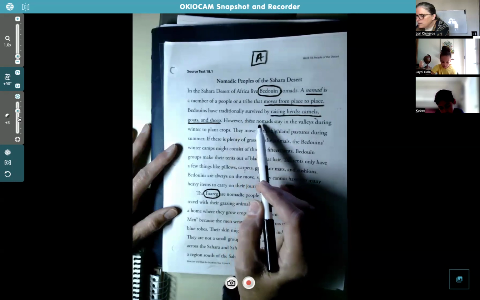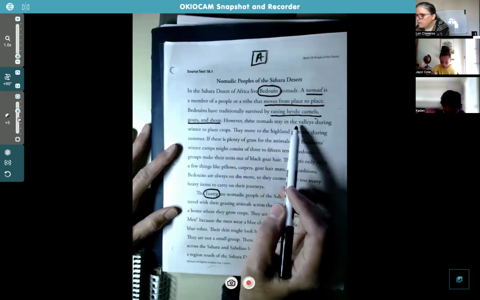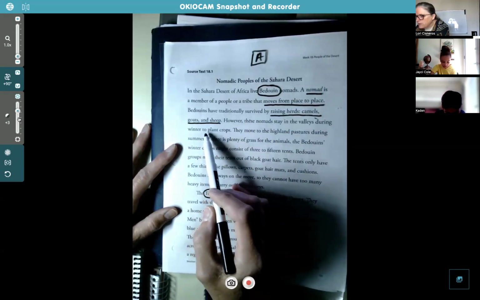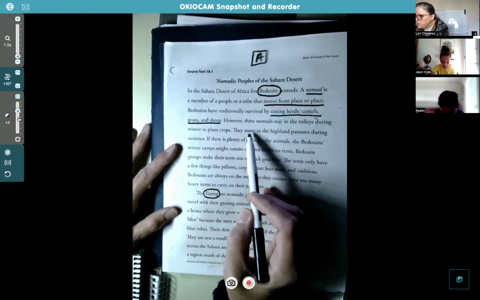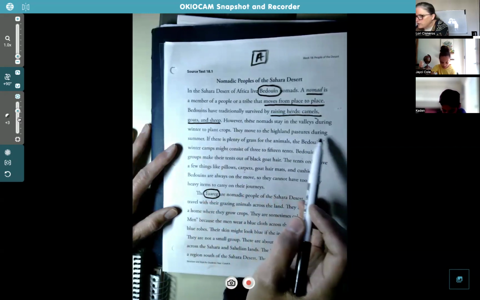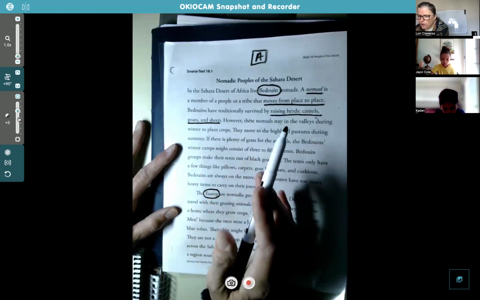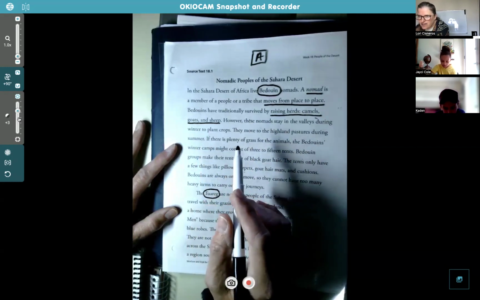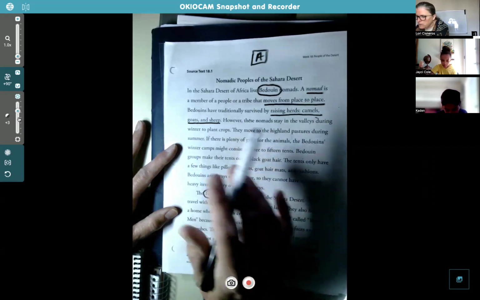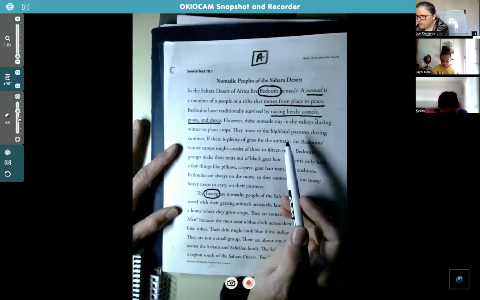However, these nomads stay in the valleys during winter to plant crops. They move to the highland pastures during summer. It's kind of interesting, but I'm going to wait on that because I really only need 3 or 4 or 5 facts. So I already have 2. I'm going to keep going. I'm not going to underline that stuff yet.